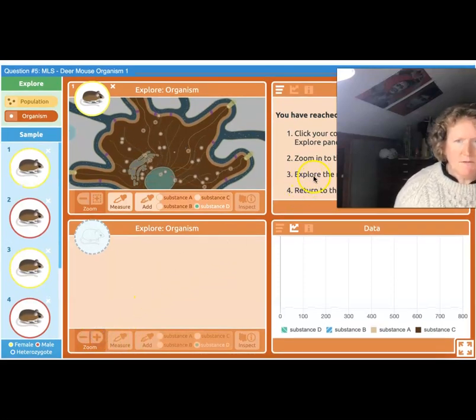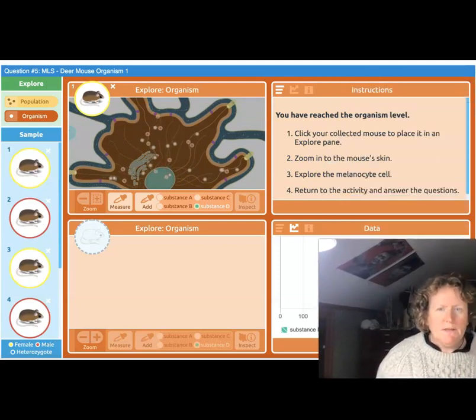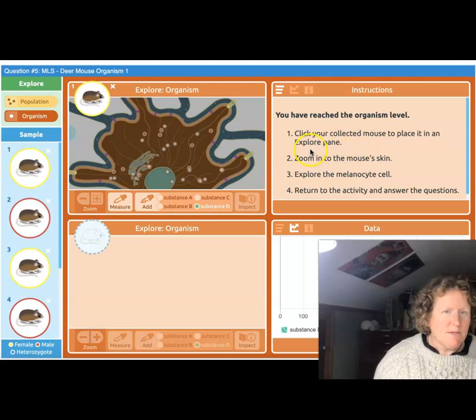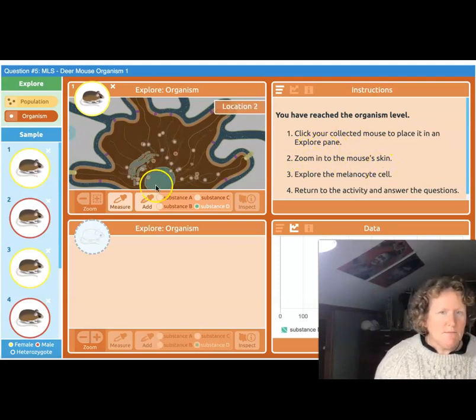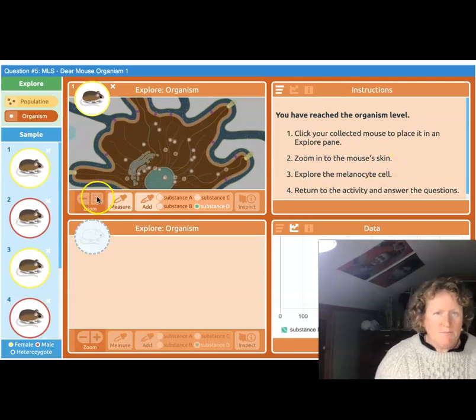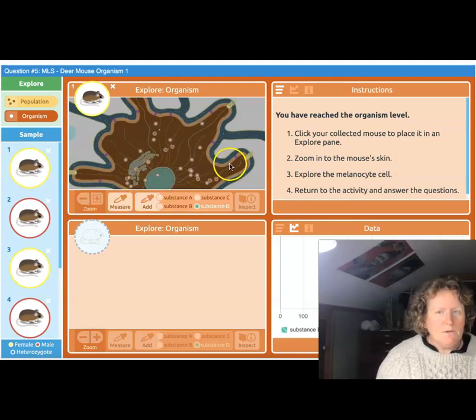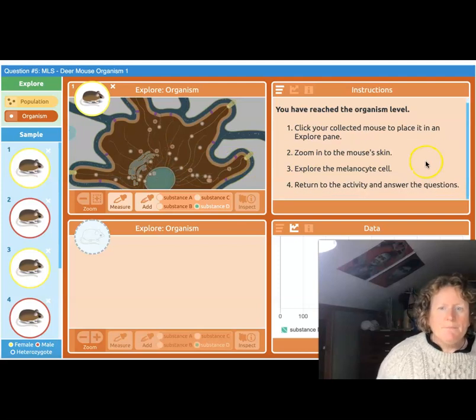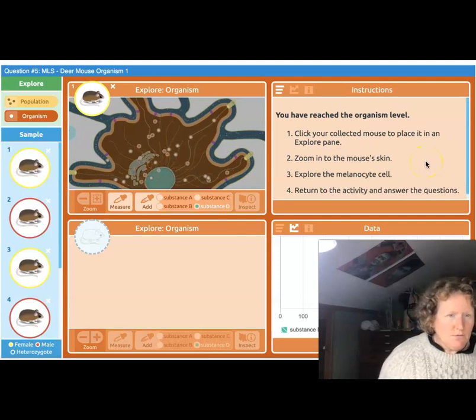Oh, not yet, maybe on another page. We've reached the organism level. Click on your collected mouse to place it in the Explore pane. We already did that. Zoom into the mouse's skin. We did that. You just hit the plus button here. Explore the melanocyte cell. Return to the activity and answer questions.